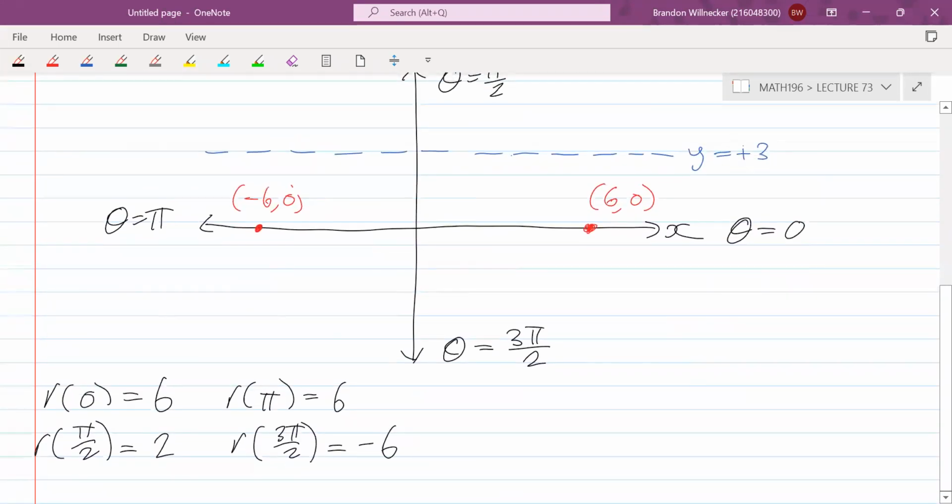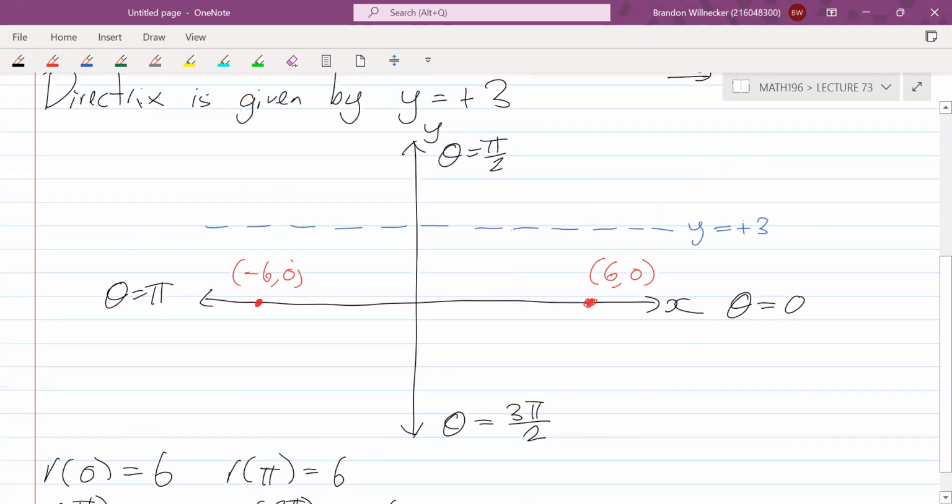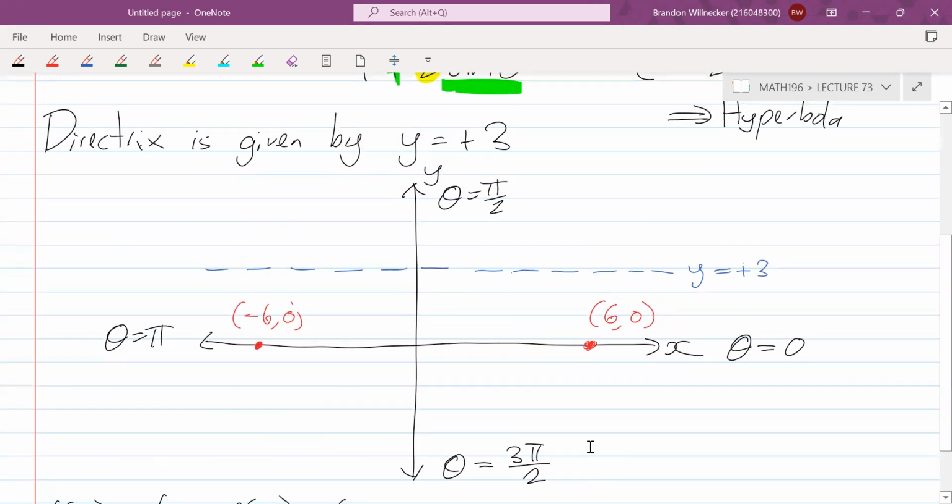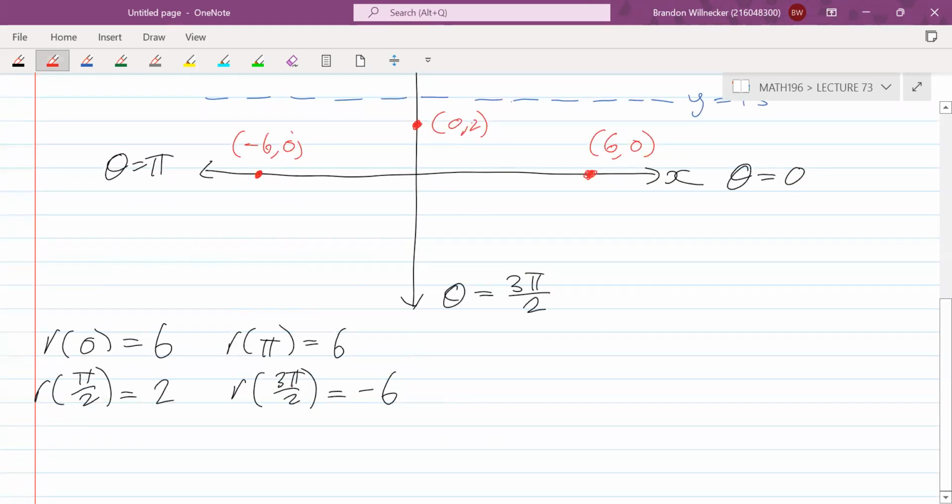Okay, so that's going to give us the two y-intercepts. The first one at pi over 2, r is 2, so we are 2 units up, somewhere here. So that's going to be 0, 2 in Cartesian coordinates. And at 3 pi over 2, we have -6. But remember, with -6 we flip our direction.